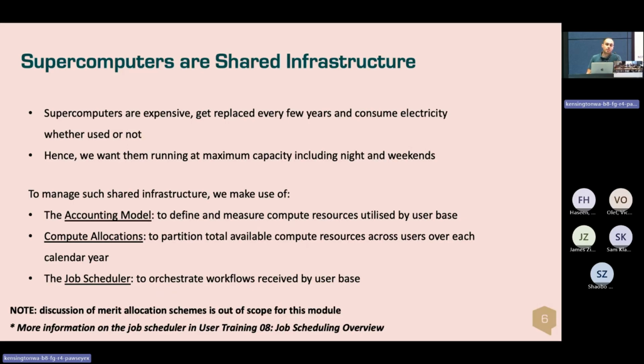And the job scheduler is the software that takes care of organizing and orchestrating the various computations on the supercomputer, such that resources are utilized optimally and researchers get their fair use of the supercomputer. These three elements together are designed to maximize the utilization of the supercomputer and at the same time make the science for every researcher possible.